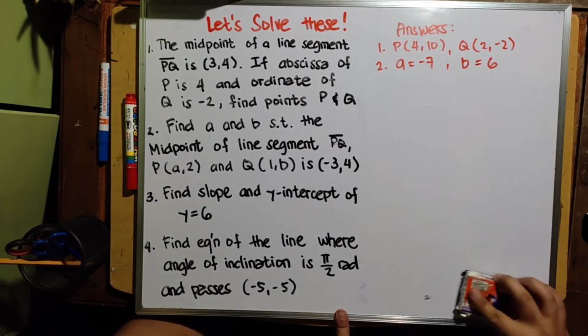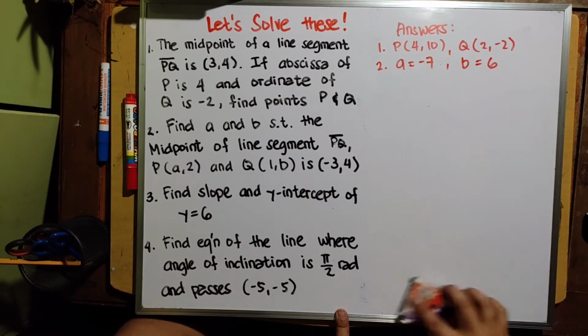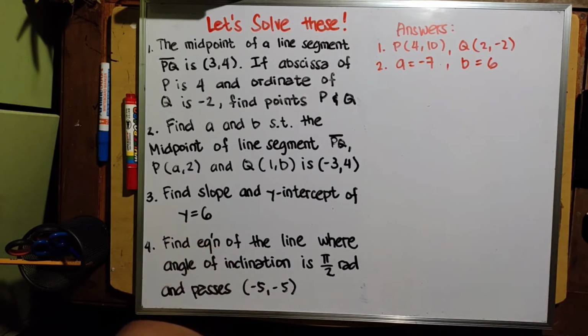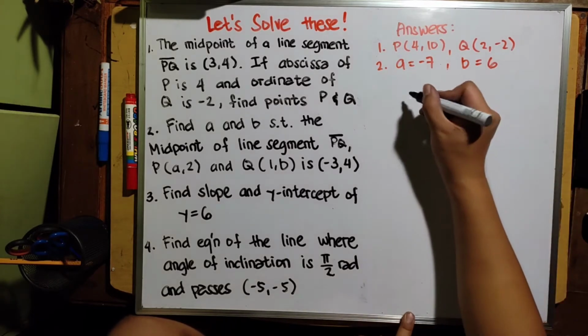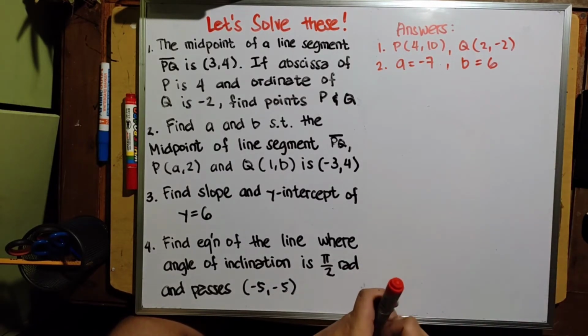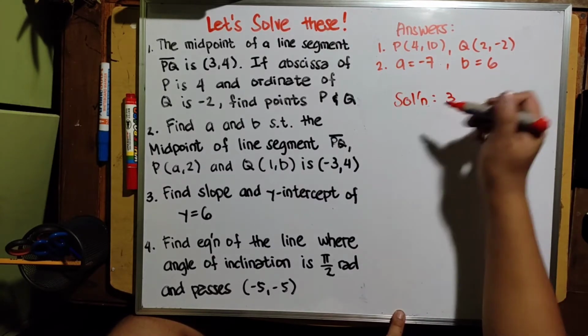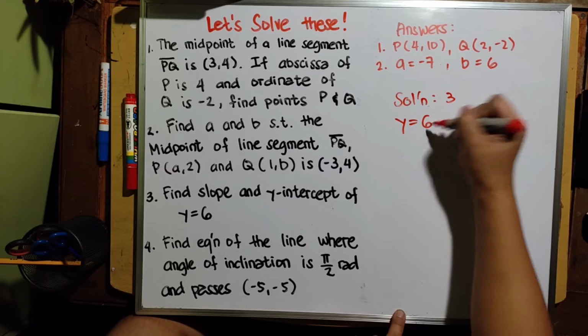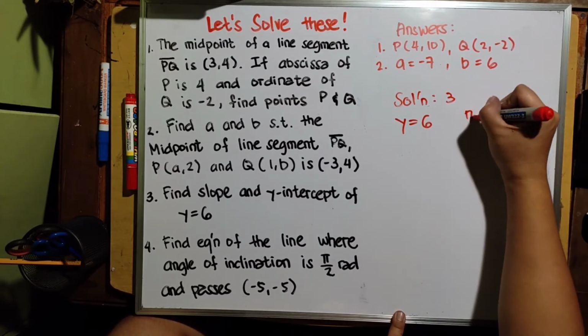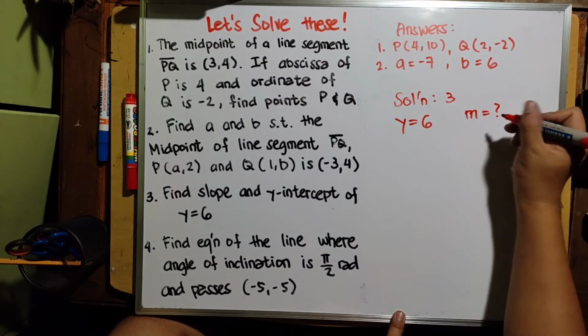Now, for number 3, find the slope and y-intercept of y equals 6. So, let us graph y equals 6. So, solution for number 3. Sabi dito, y equals 6. Let us find the m and the y-intercept.